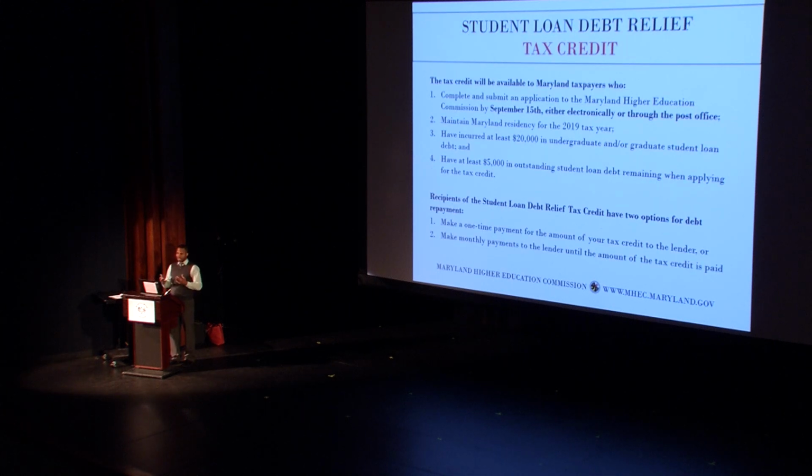Now, for my individuals with a student loan over their head, I know we enjoy those so much, and yes, I was being sarcastic. We have a Student Loan Debt Relief Tax Credit, which opens up between July 1st and September 15th. If you incurred at least $20,000 in student loan debt and you have at least $5,000 remaining, you may receive up to a $5,000 student loan tax credit, which can be used to pay down on your student loans.